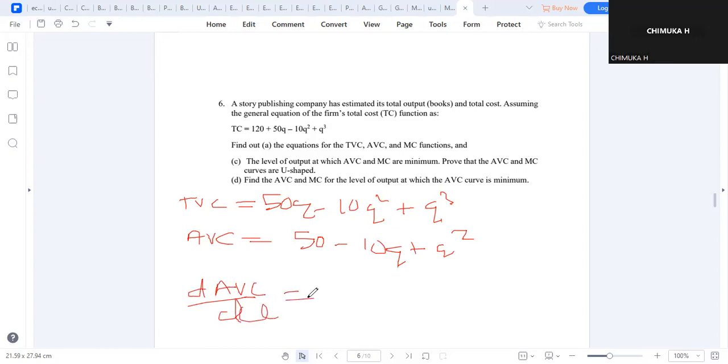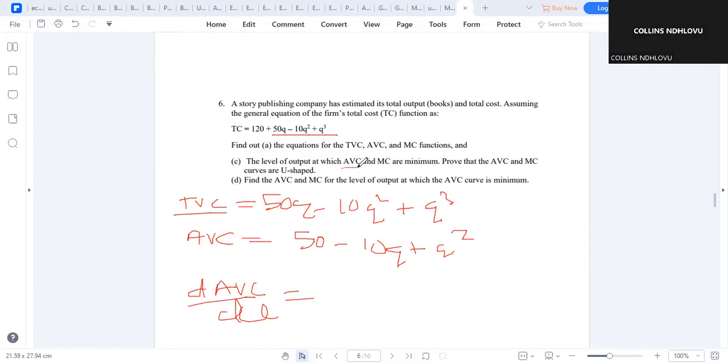Excuse me. I think the equation there should be 50 minus 10Q. Which one are we differentiating? Maybe I'm behind a bit. Firstly, I asked what is our total variable cost? Simply this part here. Then give me the average variable cost. We divide by Q in each of these, so this is 50, 10Q, Q squared.